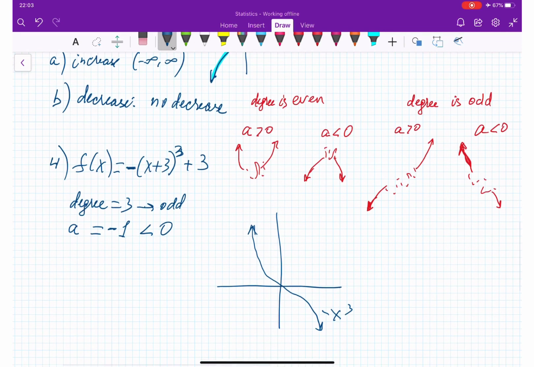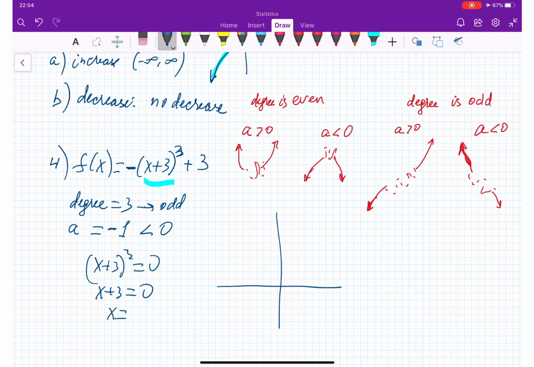Now we need x plus 3. So we need here x plus 3 cubed, which means x is always going to shift towards the opposite sign. Why? Because if I have x plus 3 cubed equal to 0, then x plus 3 also equals 0, and x is equal to negative 3.